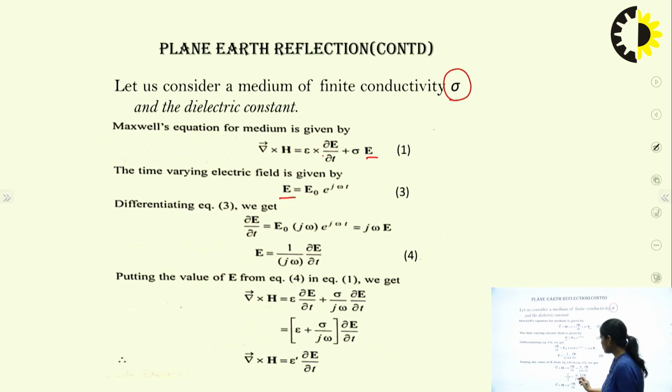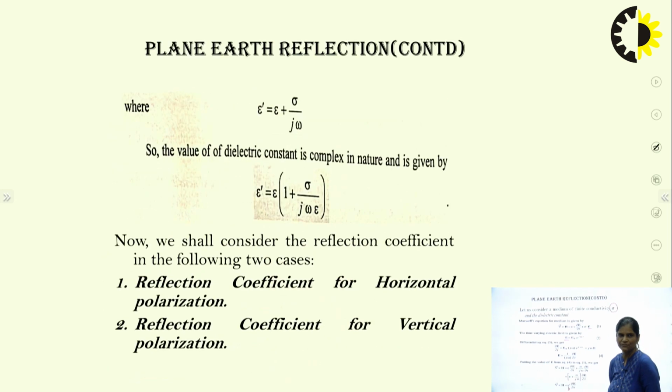Now you can take ∂E/∂t common from these two terms. You will get (ε + σ/jω) ∂E/∂t. Let this be ε', so ∇×H = ε' ∂E/∂t. So this is your ∇×H.